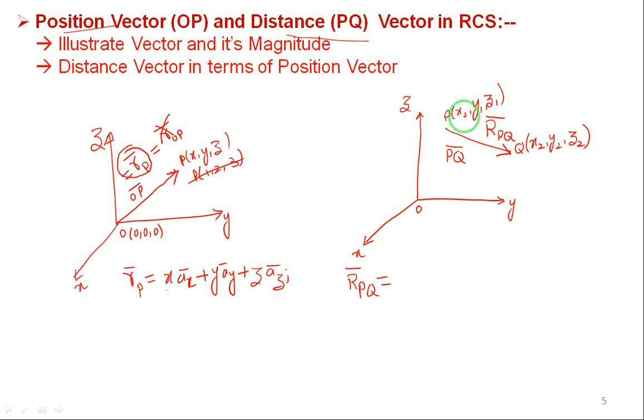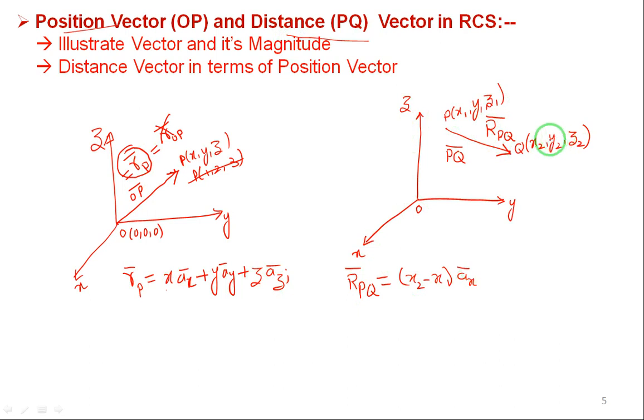Now I want to write the RPQ vector. I have point P, whose coordinates are x1, y1, z1, and point Q, whose coordinates are x2, y2, z2. Then by using the distance formula, I can write the vector. First subtract the x coordinates, x2 minus x1, always terminating point minus the initial point. It is along the x direction, so x2 minus x1 into ax vector.